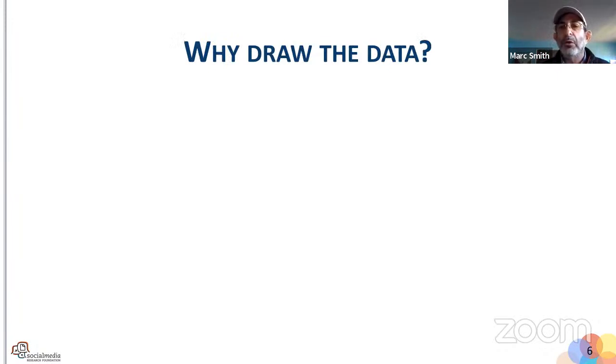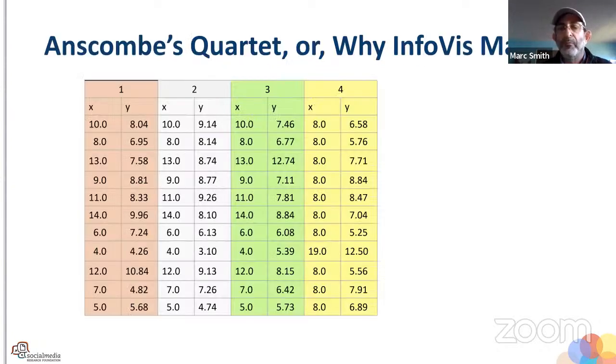So let me quickly go through the idea of why we draw the data, because we're going to visualize it. I don't know if you've encountered Francis Anscombe's quartet. I see some heads nodding, okay, I'll go quickly through this. The task I ask our viewers to do with this data: two of the data points are probably either errors or outliers.